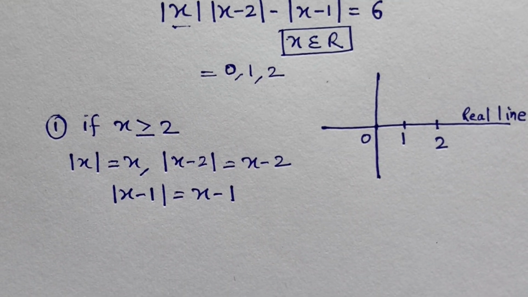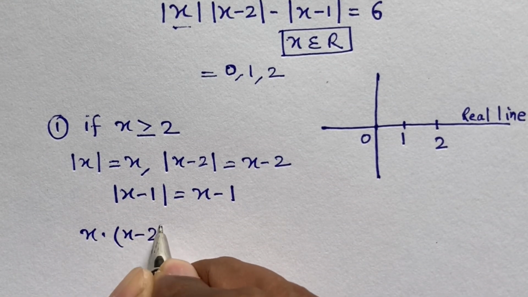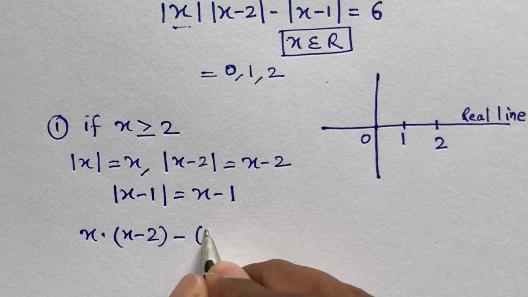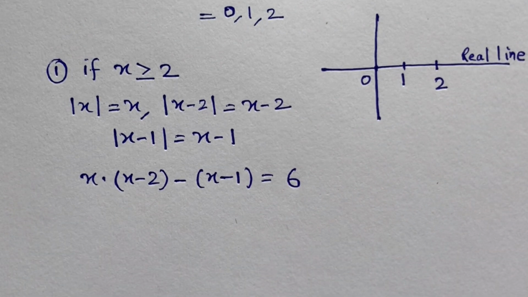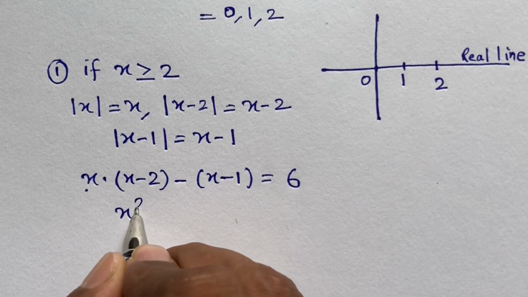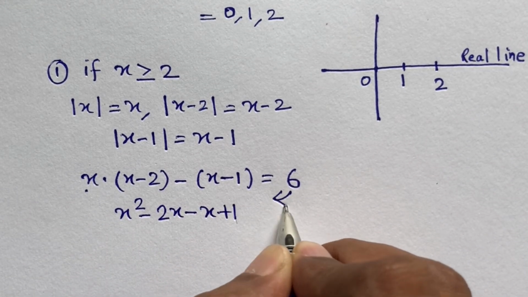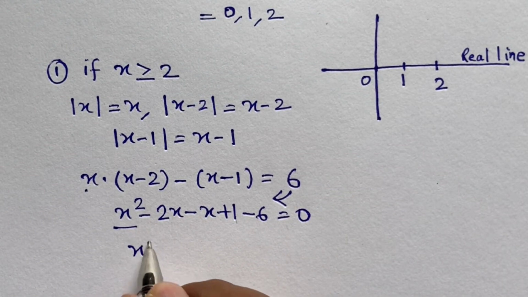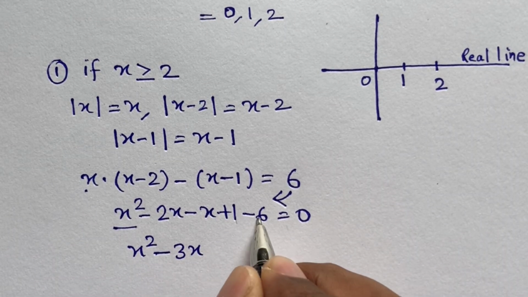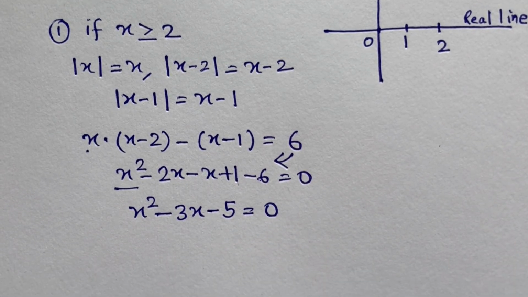When x is greater than or equal to 2, our equation will be x(x − 2) − (x − 1) = 6. Or x² − 2x − x + 1, taking 6 to this side, − 6 = 0. Or x² − 3x − 5 = 0.